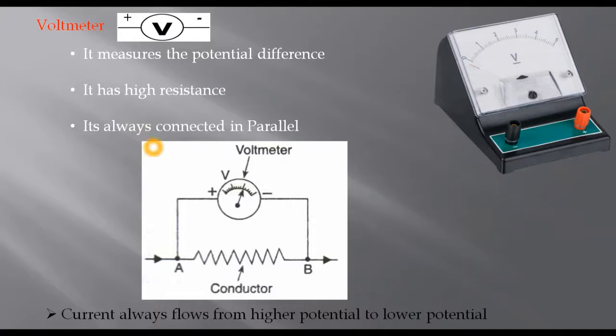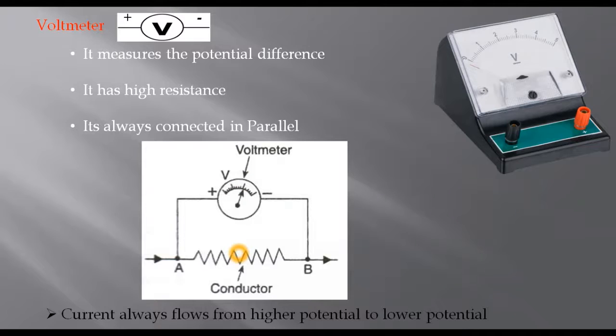And one more thing, the voltmeter is always connected in parallel. See, this is the parallel connection of the voltmeter. This is our conductor, or you can say wire, and we do not connect it end to end, or along a side, but we connect it between these 2 points A and B. This is the parallel combination of the voltmeter.